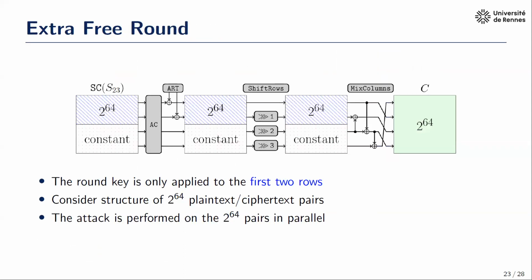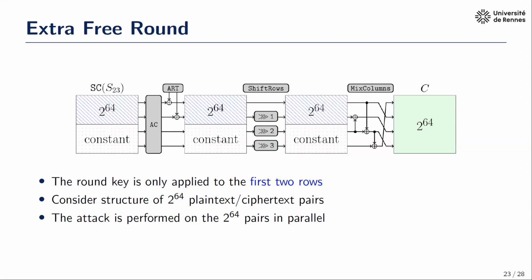So now let's talk about the extra 3 rounds. This is 1 round of Skinny, and for Skinny, the key is only applied on the first 2 rows. The idea is that instead of performing the attack from 1 plaintext-ciphertext pair, we perform the attack for a structure of 2^64 plaintext-ciphertext pairs.